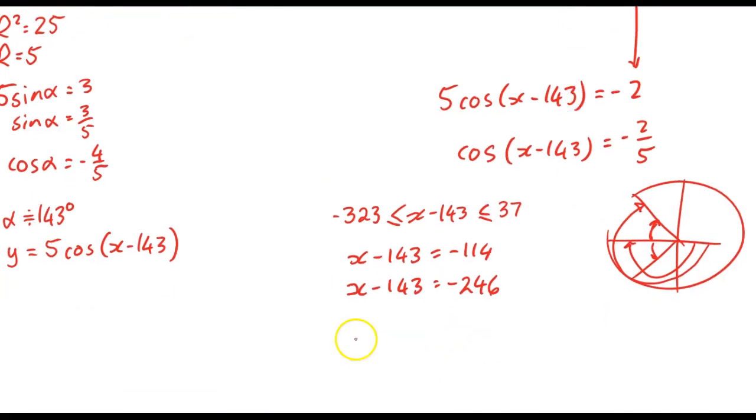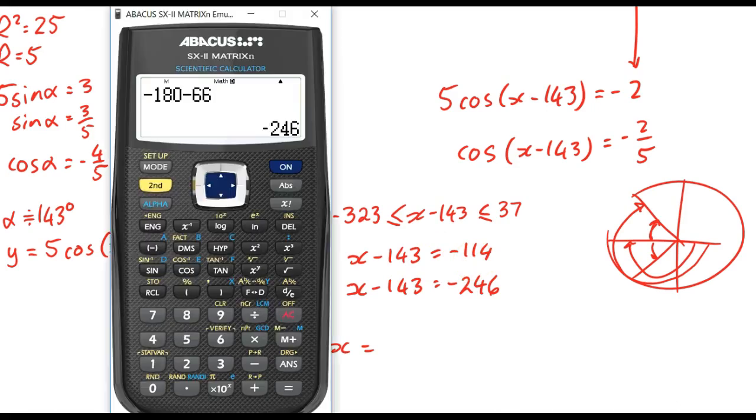In that case, x equals, righto, so now I'm going to add 143 to negative 114.